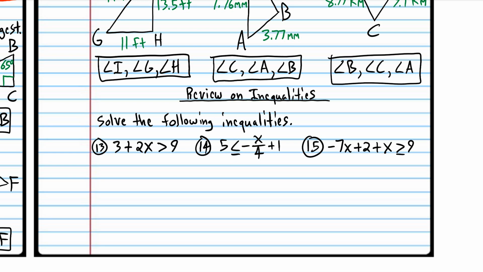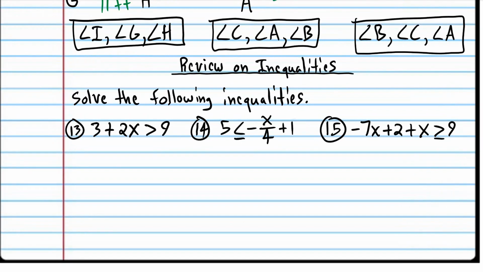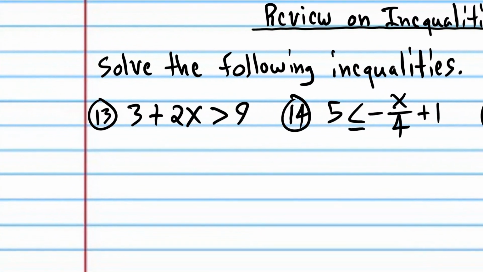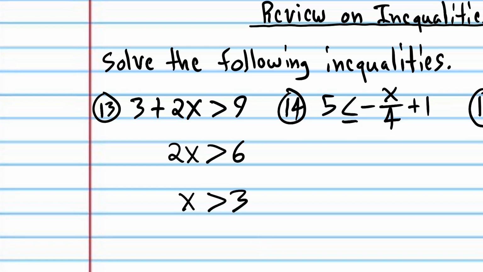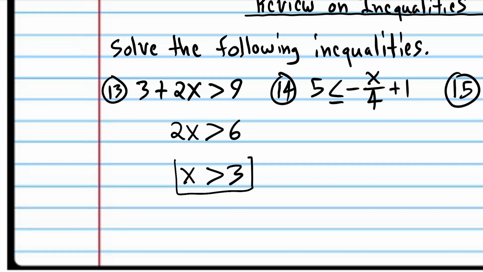But if you recall, we just solve these the same way that we solve equations pretty much. We're just going to isolate the variable, get it by itself. So we're going to subtract 3 from both sides. And then we're going to divide both sides by 2. And we're done. We solved the inequality.